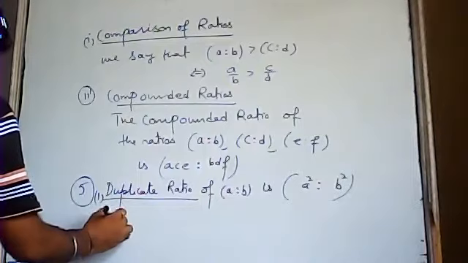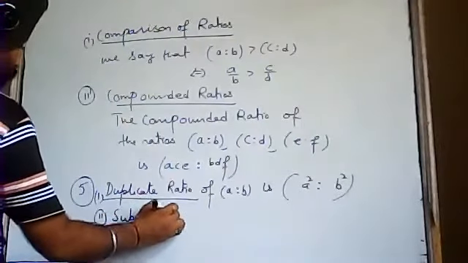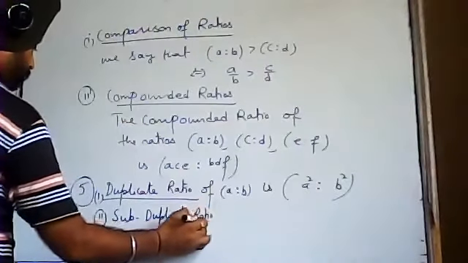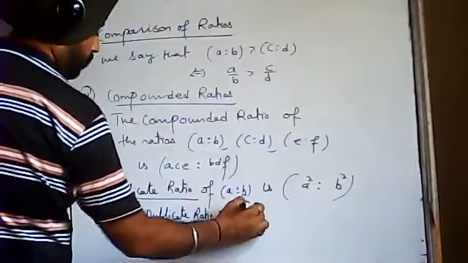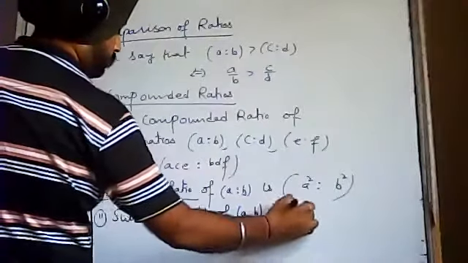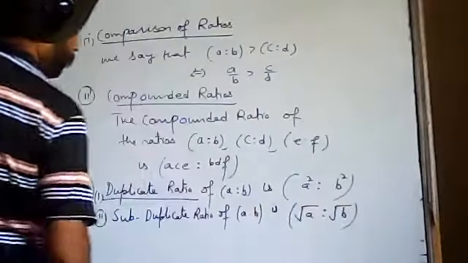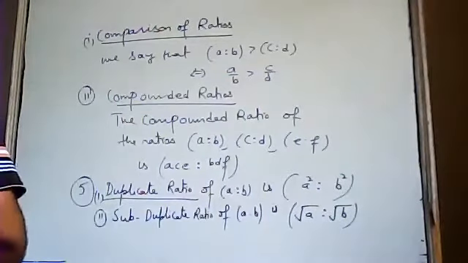Number 2, subduplicate ratio of A is to B is under root of A ratio under root of B. This is called subduplicate, and duplicate is A square ratio B square.